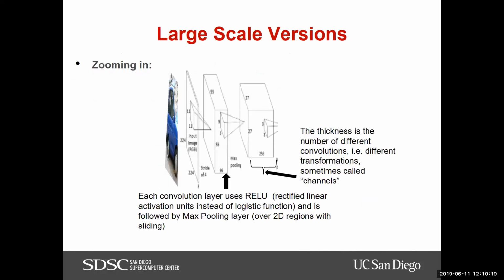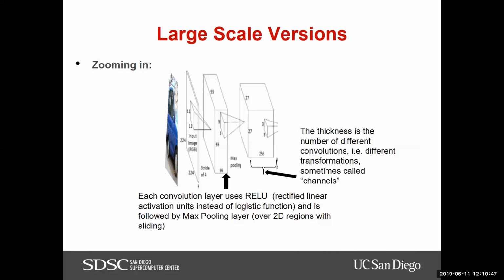So let's zoom in a little bit more. In the beginning, on the far left, you have the image. The image is, in this case, 224 by 224, and it has 3 channels for red, green, blue. In the next layer, each convolution layer is using the rectified linear unit, followed by this max pooling idea.